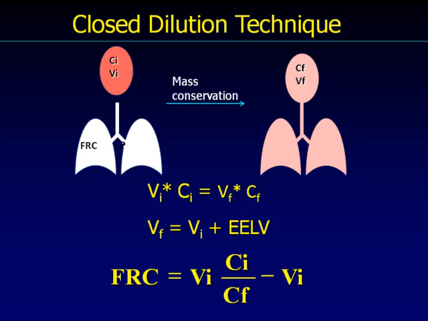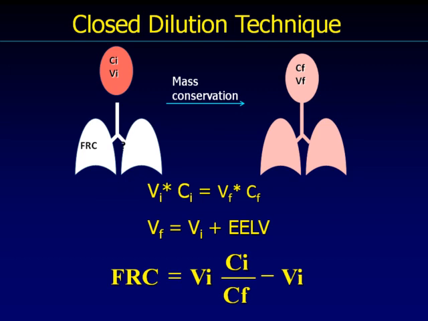If we connect a bag with a helium containing mixture to the lung of the patient, then we make the patient breathe, either mechanically or spontaneously. At the end, we will have a change in the concentration of helium, which will be a function of the amount of gas inside the lung.